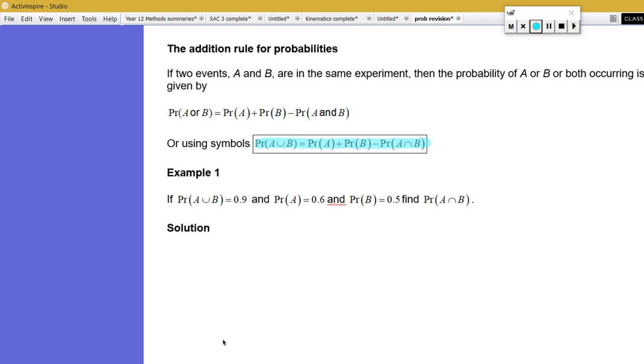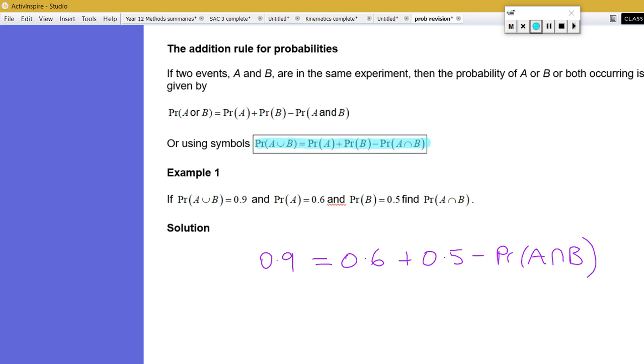So when we look at the next example, they're giving us some information about the union and the probabilities of A and B, and they're asking us to find the intersection. So that's a straightforward substitution into that rule. We therefore know that the probability of the union is equal to the probability of A plus the probability of B minus the probability of the intersection, which is what we're trying to find.